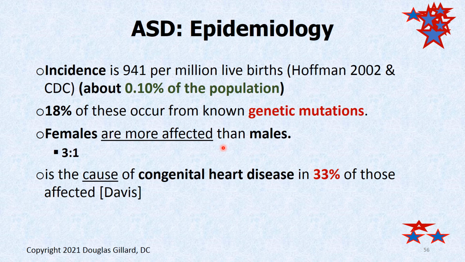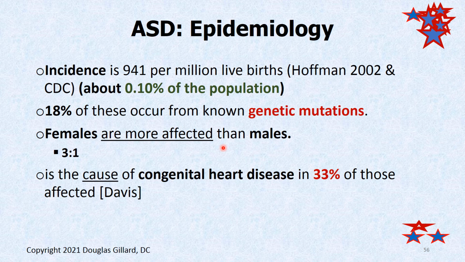What's the epidemiology? About 0.1% of the population is born with this. So it's much more common than Marfan syndrome, which is 0.01%. There are a bunch of gene mutations. I took all those slides out, you'll be happy to know, a while ago, because we just don't have time to go into the weeds. But there are known gene mutations for these.